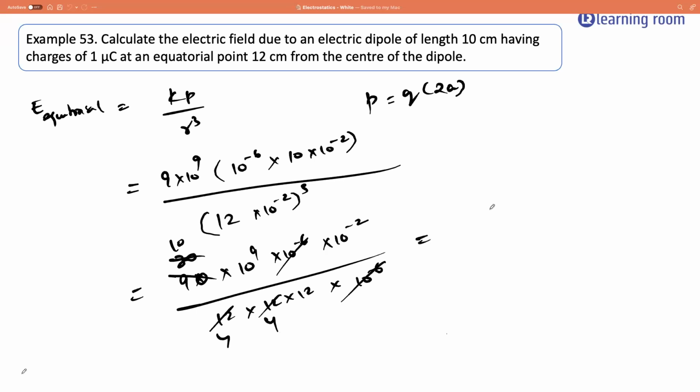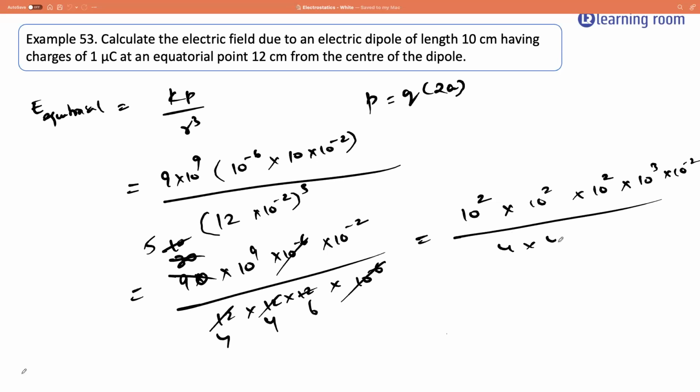So can I write this as 5 and 6? So can I write it as 10 square into 10 square into 10 square into 10 power 3 into 10 power minus 2 divided by 4 into 4 into 6.